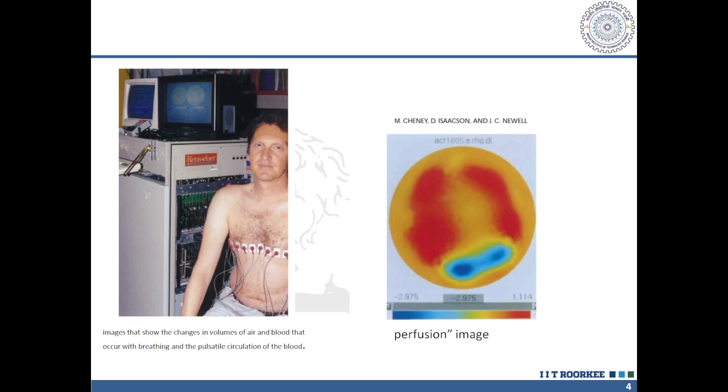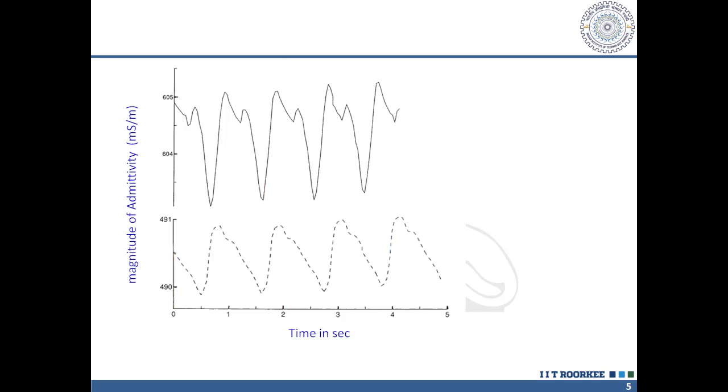I can also explain this by the diagram shown here. This is the upper diagram of the heart, and the lower diagram is of the lungs. This diagram is admittivity versus time.